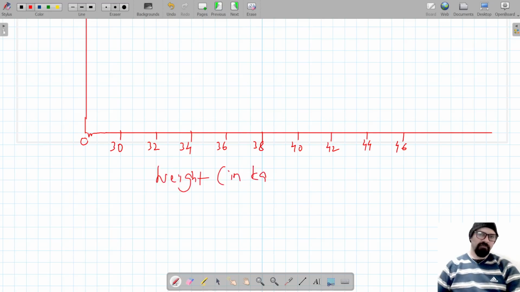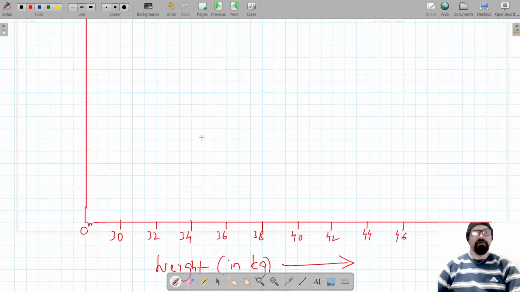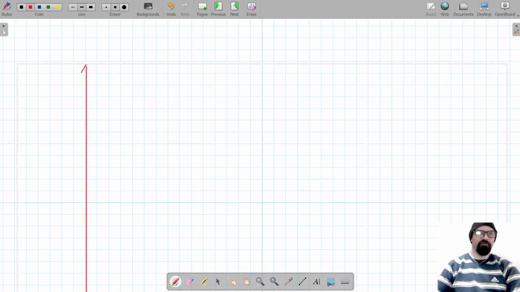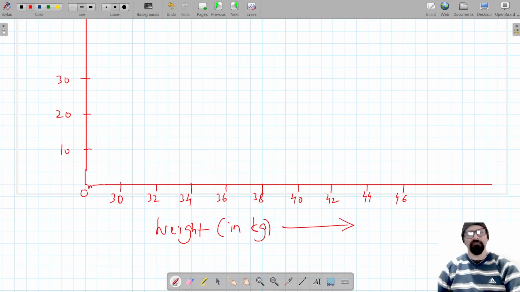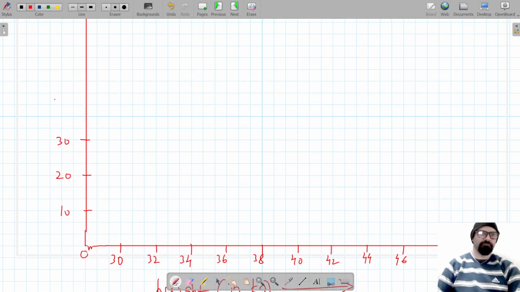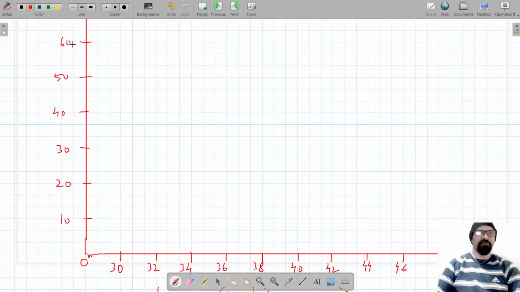And the numbers we are going to take on the y-axis, that is the frequency, cumulative frequency. And let this much be 10 centimeter. So this is 10, this is 20, and then 30, 50, and 60.